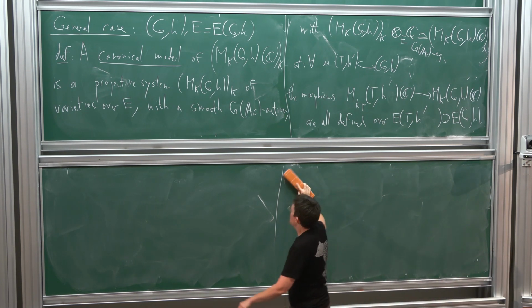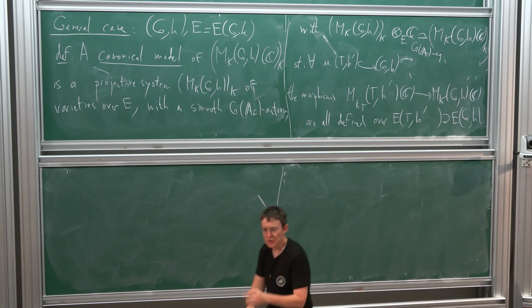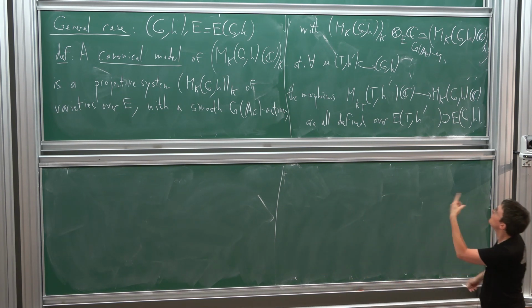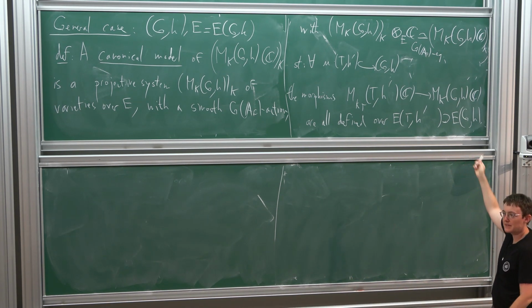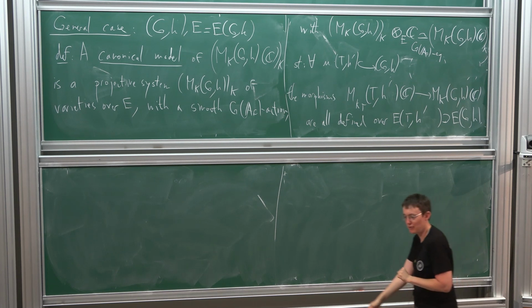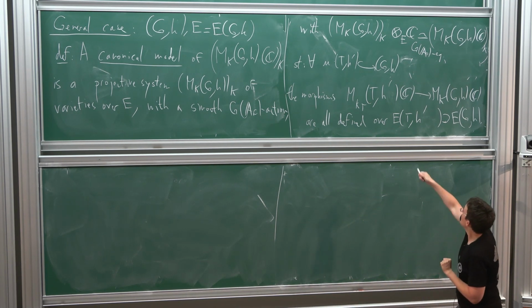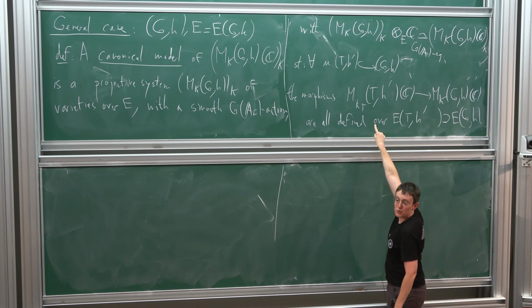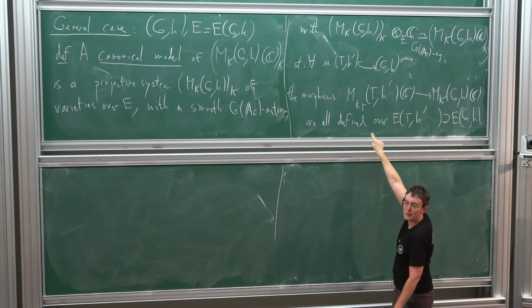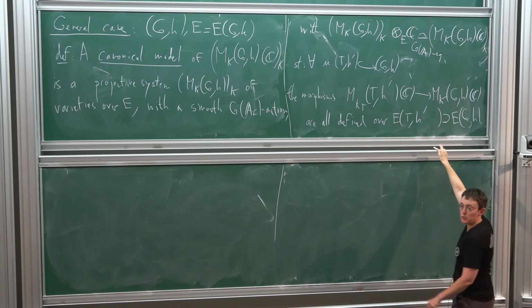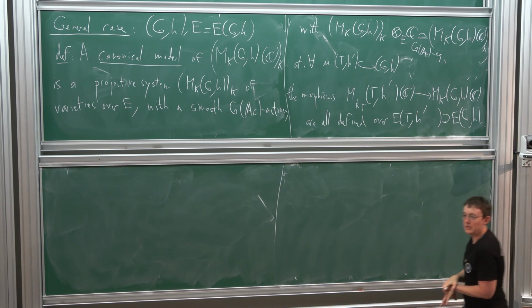In general, if I have an injective morphism between Shimura data, it defines closed immersions between Shimura varieties. The images of that are called special subvarieties. Here, the case where this is a torus, so this is just a finite set, the images are called special points.